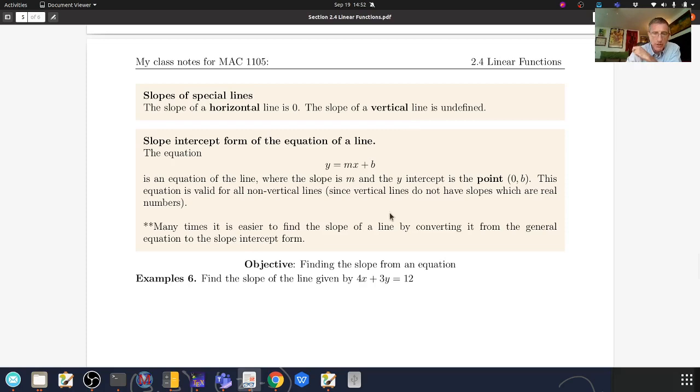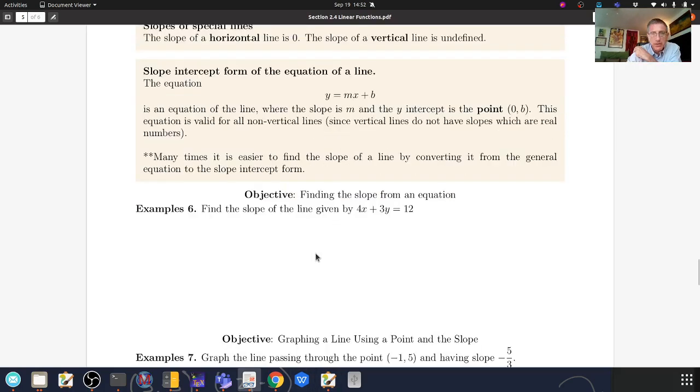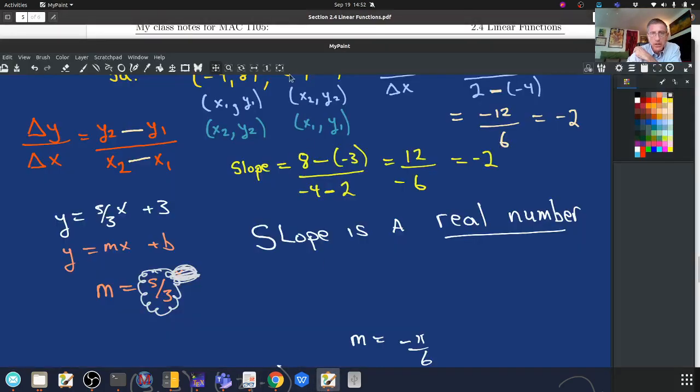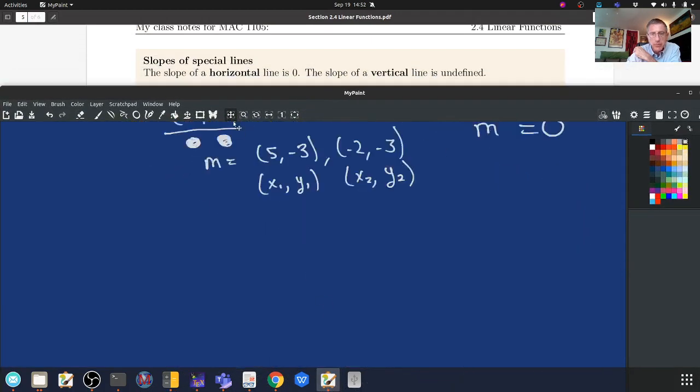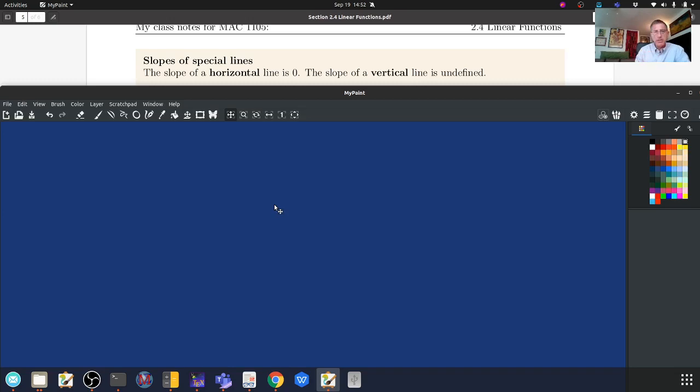It might be worth it just to give you a quick example of that. I'm kind of assuming most of this you already know or should have already known if you passed intermediate algebra and you're in this class. Let's just make a point, 1 and 7, and then the next one, our x values are the same, 1 and 3.